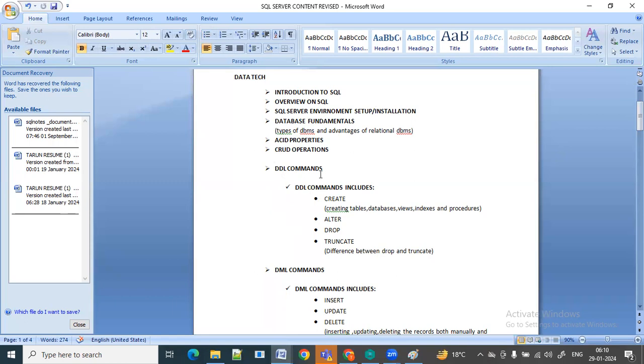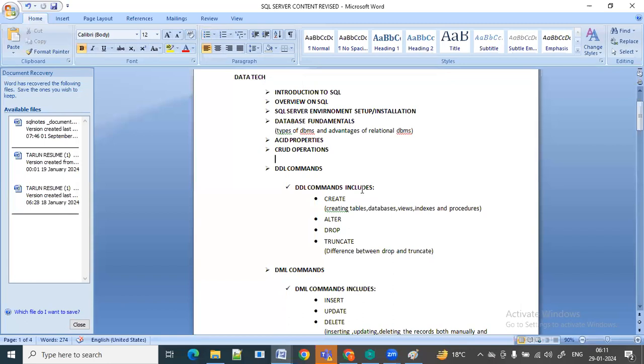Now, DDL commands. These are the commands we have in SQL, and those we will be discussing. How to create tables, how to create databases, views, indexes, some procedures, and everything.